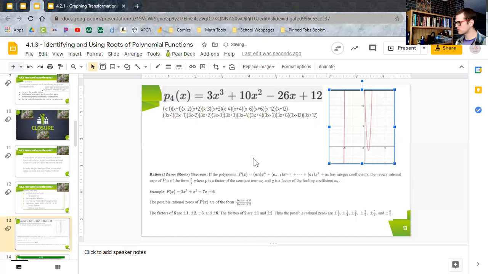Here's the graph. So there's three roots. And I went and clicked on them to try to figure out what they might be.